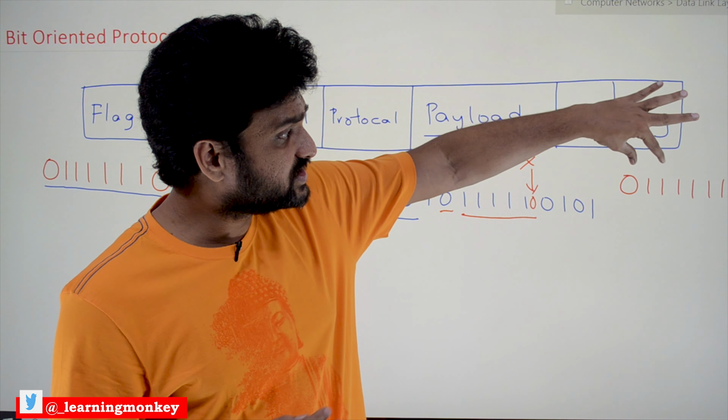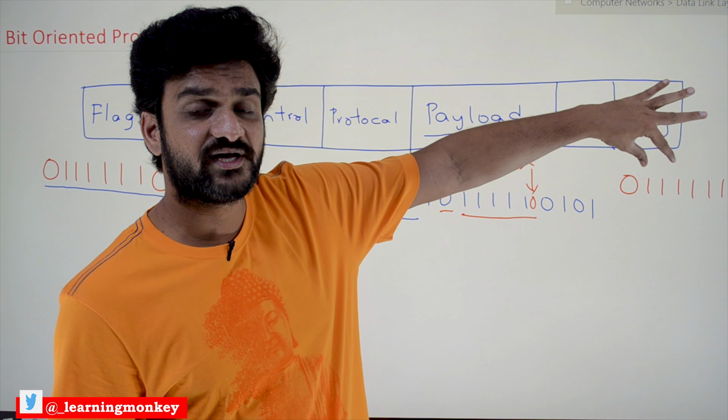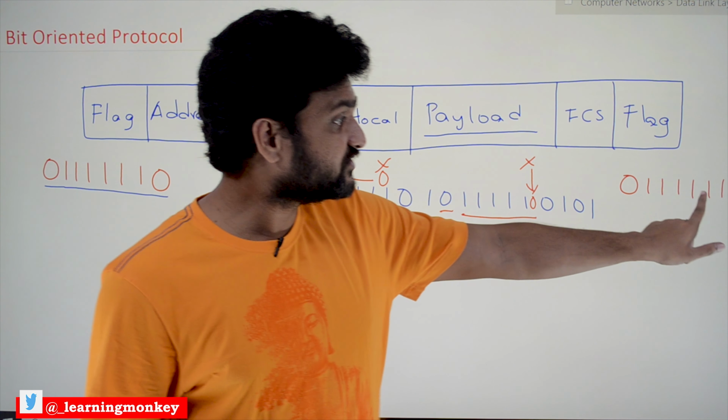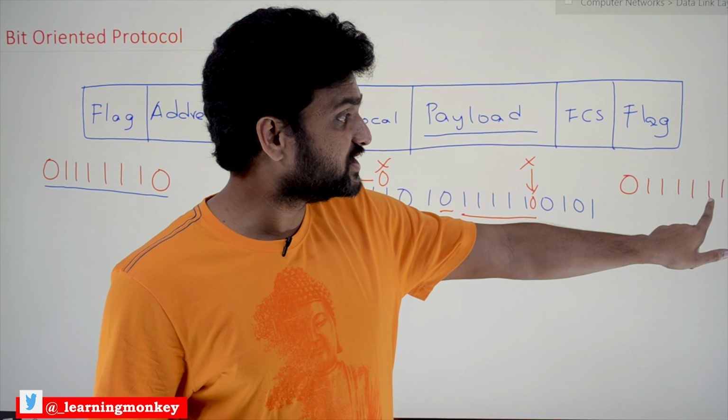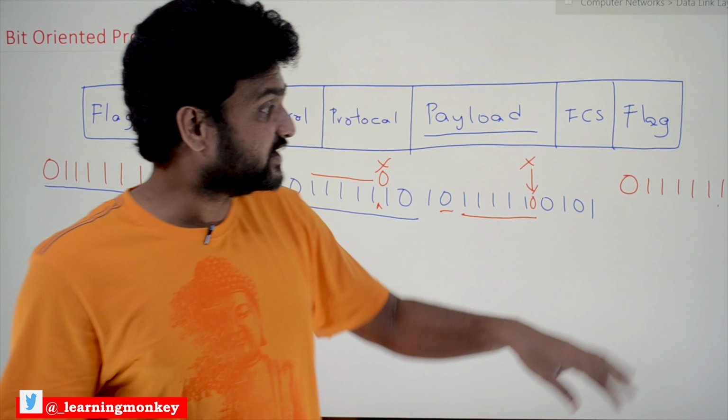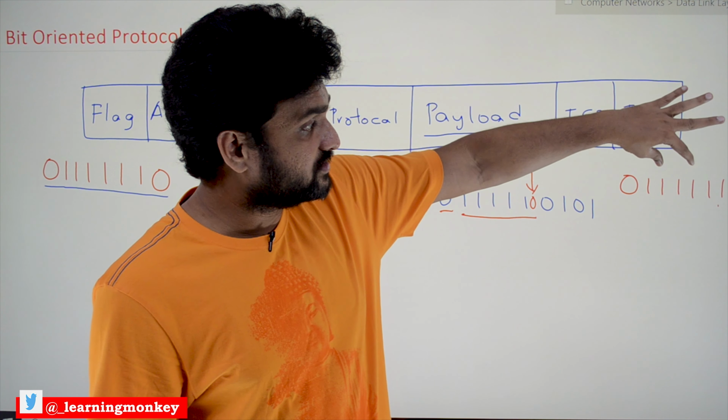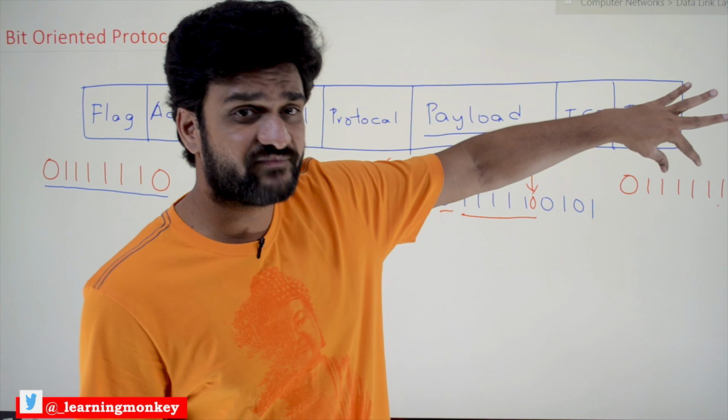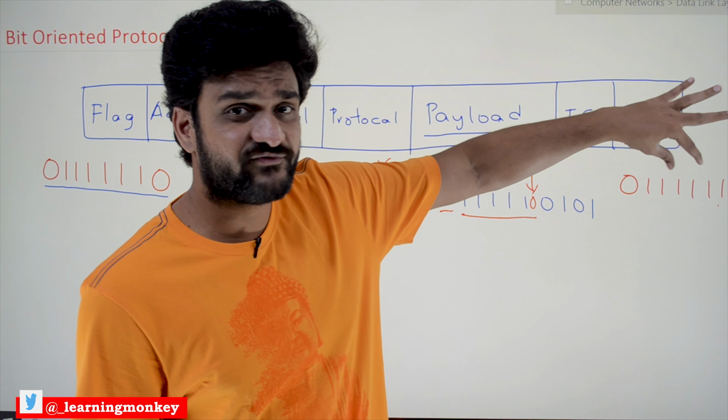Now, how is the receiver going to identify the end of the flag? After 5 ones, if the next bit is identified as 1, and after that it is identified as 0, then it is going to be a flag. So at the sender, for the end of the frame flag, we are not going to stuff any extra bits.